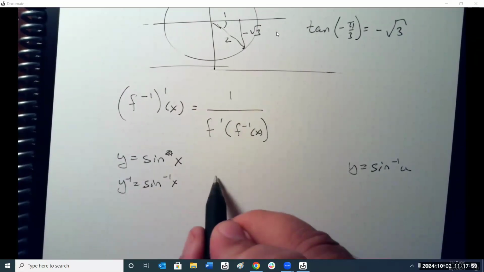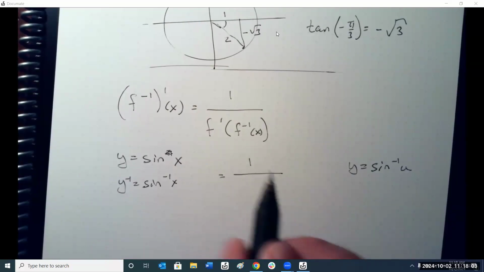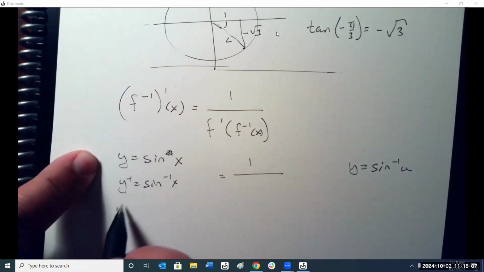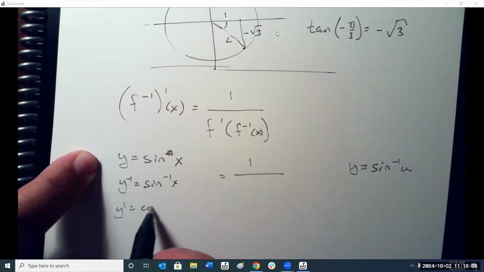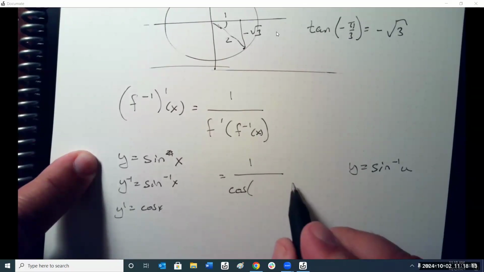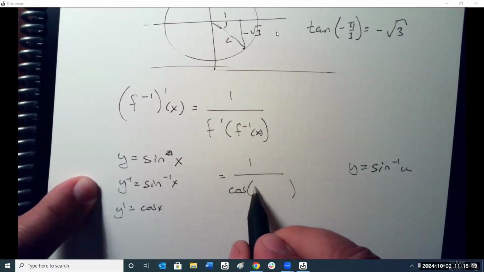So what we have here is 1 over. What's the derivative of sine? Cosine x. So the outside is cosine, and the inside is the inverse function.